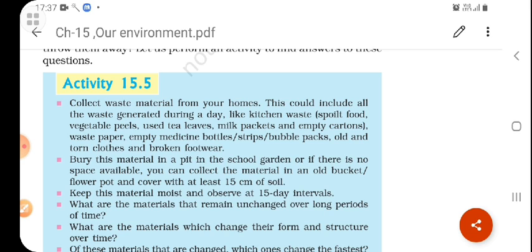So how can we control this? Recycling of certain waste products like plastic and paper, making use of biodegradable products as much as we can, separation of biodegradable and non-biodegradable waste during disposal. Making compost of biodegradable waste by burying it under the soil.